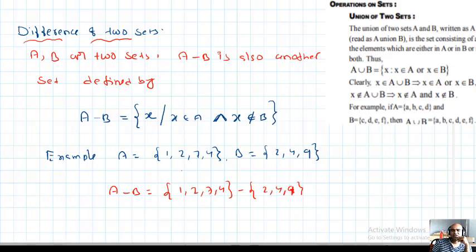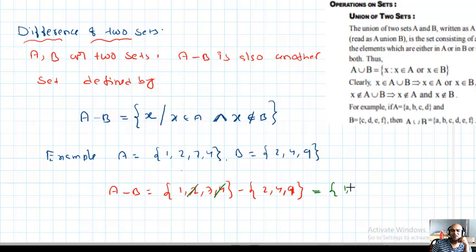According to the definition, we want to remove the elements from the set A which are in B. 2 is there, you need to remove 2. 4 should be removed. 9 is not there, you can't remove it. What are the rest of the elements in A? That is called A minus B.